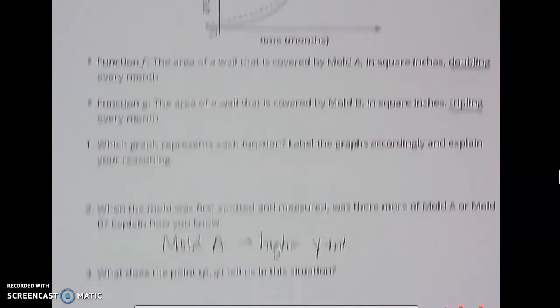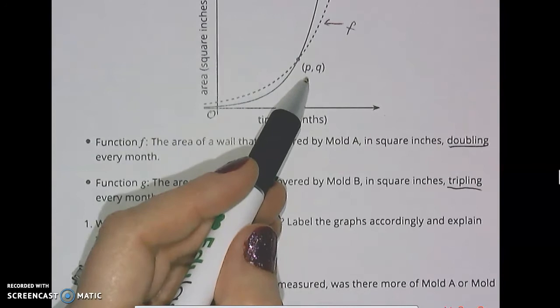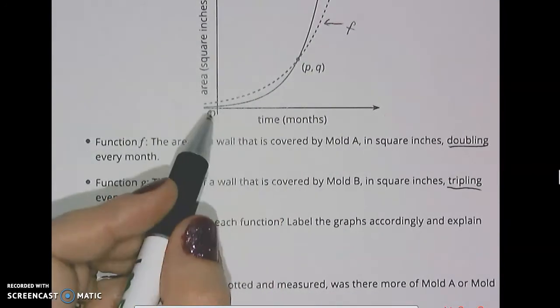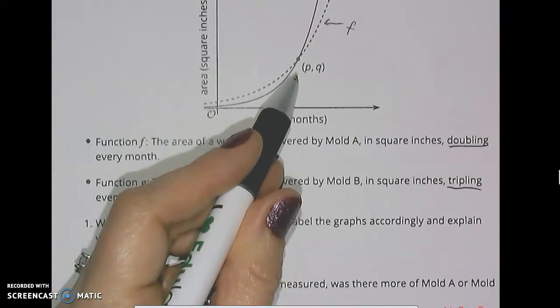And then the last thing, what does this point P comma Q represent? Okay, so P is our input and Q is our output.